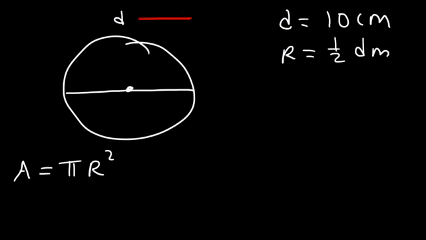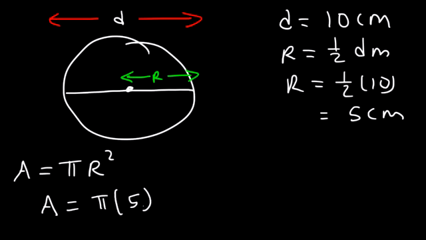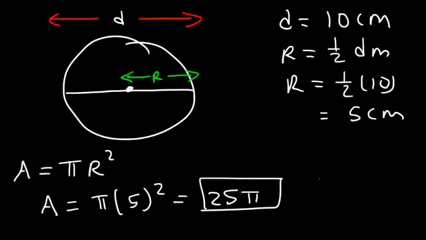So this is the diameter d, and this portion is the radius of the circle. The radius is half of 10, which is 5 centimeters. So the area is going to be pi times 5 squared, or simply 25 pi square centimeters.